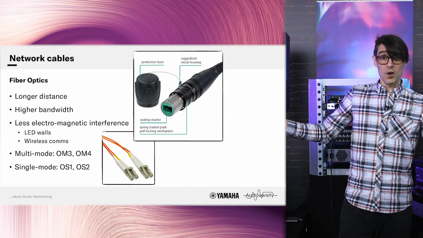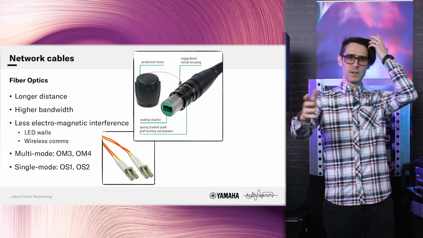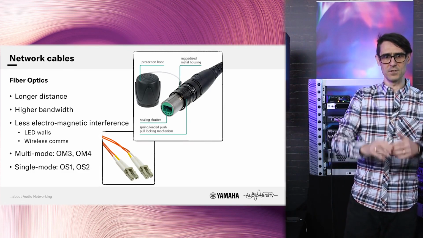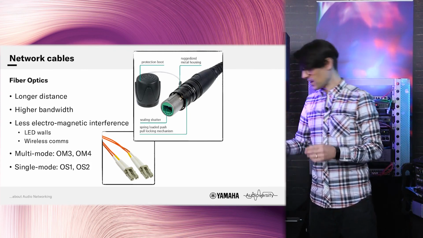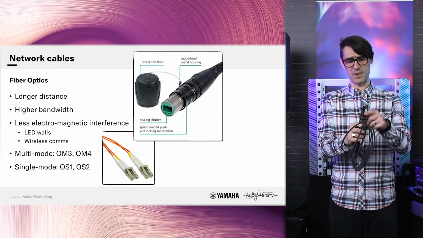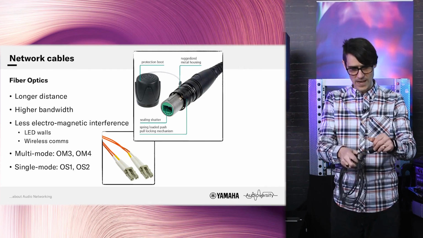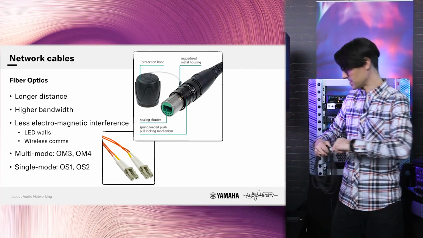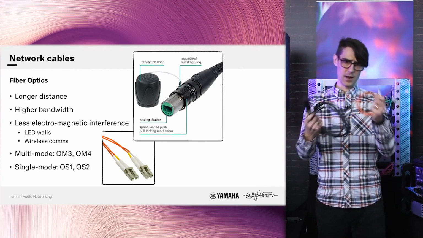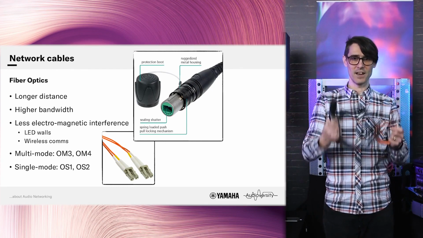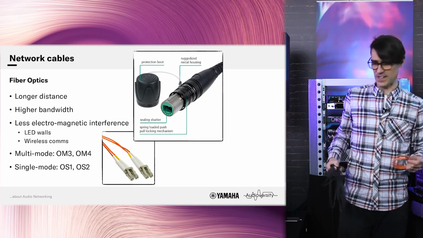If you need to go longer distance than 100 meters between your devices, then you should use fiber optic cable, whether it's rugged, with special connectors for mobile or touring applications, or whether it's much smaller and lightweight for installations. No matter what type, it's the same kind of glass inside, just with more protection.